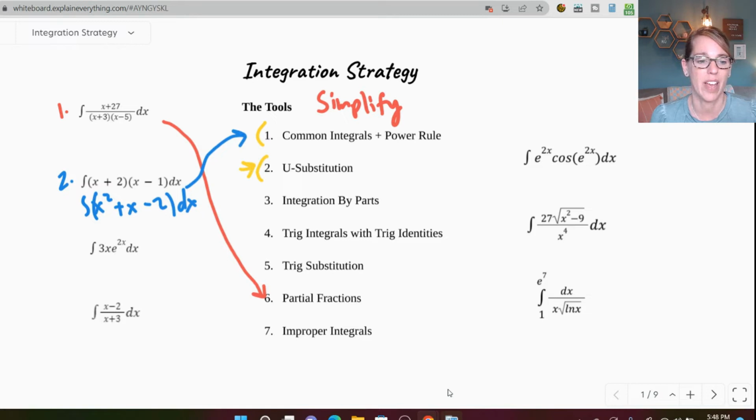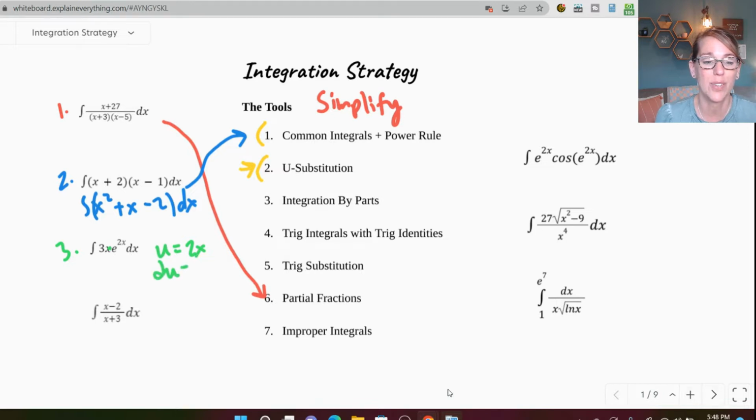The next one, number 3, I've got 3x e to the 2x. So this one really, to me, boils down to one of two choices, because I've got a product, and I'm thinking of that product as the x times the e to the 2x. So it could be either a u sub, but if I tried to do a u sub, my u would be 2x.